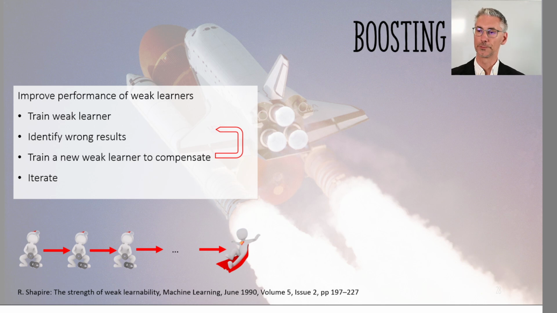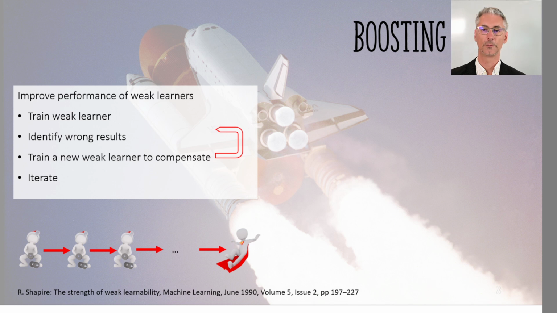Boosting is a different approach to tackle weak learners and combine an ensemble into a strong and powerful one. So here we take a sequential approach, right? The idea is that we train a weak learner and we know that because this is a weak learner we will have some wrong results. Now we identify on our training data which results are wrong, and then we train a new weak learner to compensate for those.